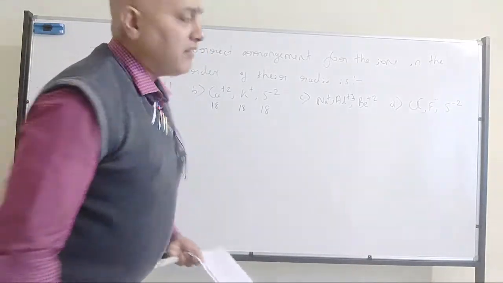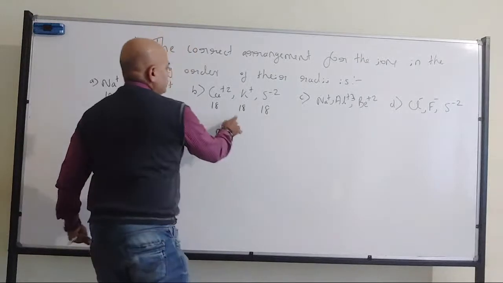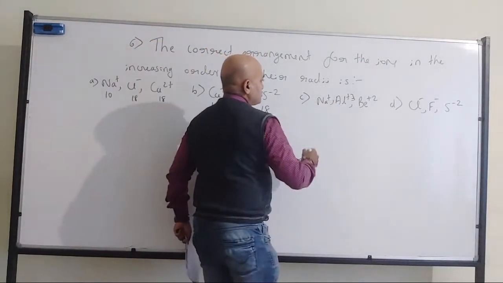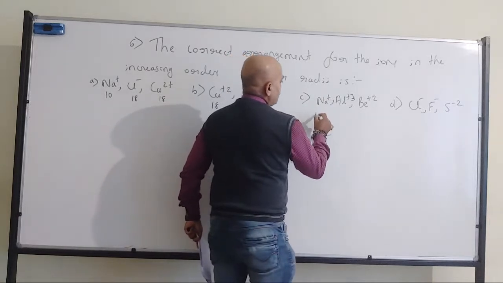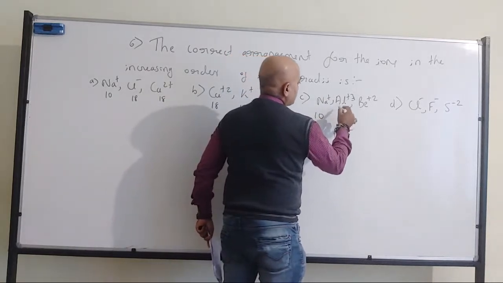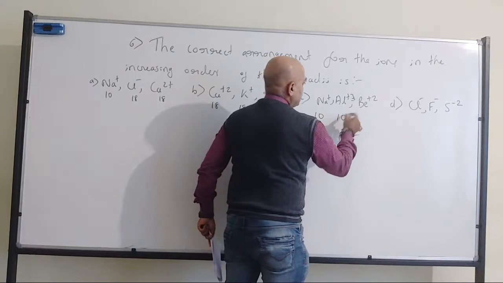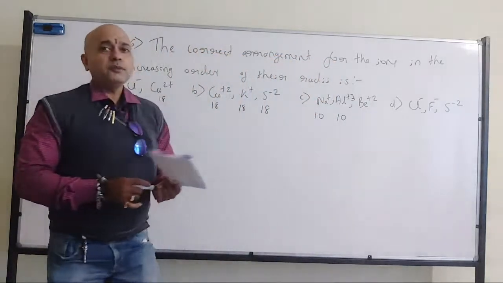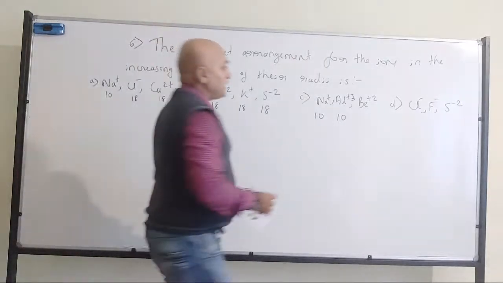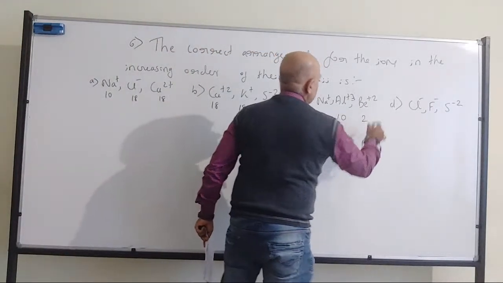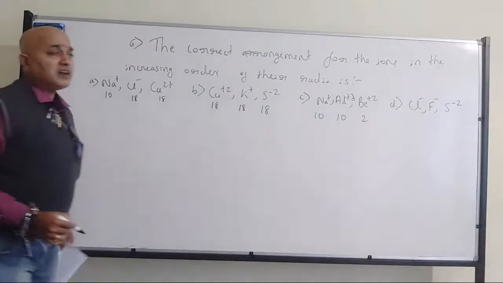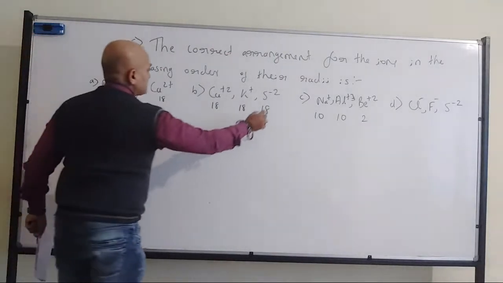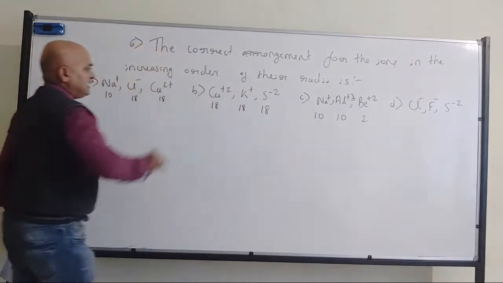Darshan, you have written C. I think B should be the answer, but we will see C. Sodium is 10, aluminium 13 plus 3 is 10. Then beryllium, atomic number 4, that means 4 electrons, but here it is plus 2, so 2 electrons. They are not isoelectronic species. Fine, so I can see the isoelectronic species over here in option B.